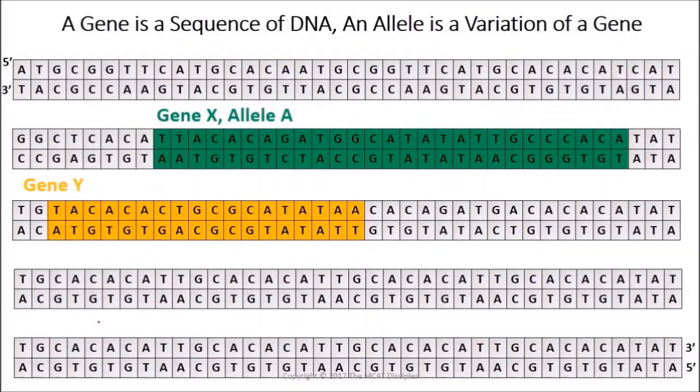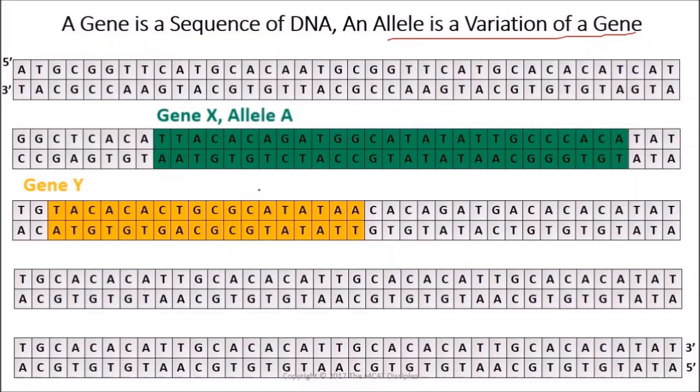So again, let's say this area is our area of interest. Then I can call this entire area the locus that I'm looking at. Within this locus we find gene X and gene Y. Gene X in green, gene Y in yellow. I labeled this allele A. So let's say this is gene X and its allele A. I told you alleles are just variations of a gene.